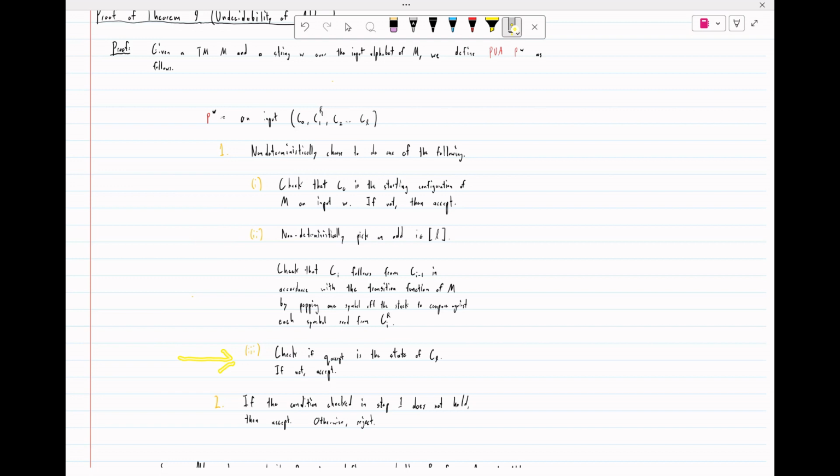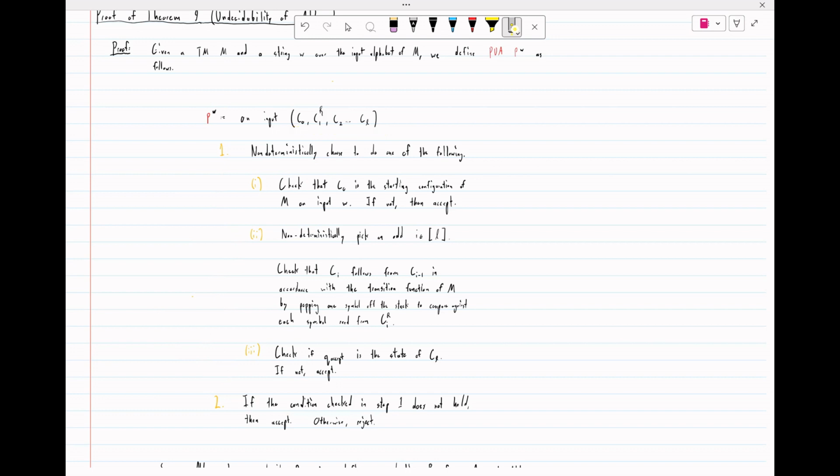But then on the third case, the final thing that it can check is that QAccept is the state of CL. So it picks one of these conditions to check. And if the condition that I chose in step one does not hold, right, then I accept.